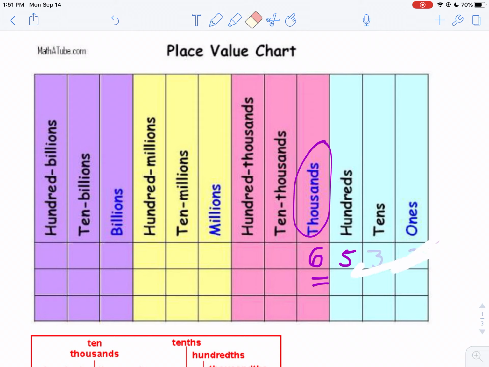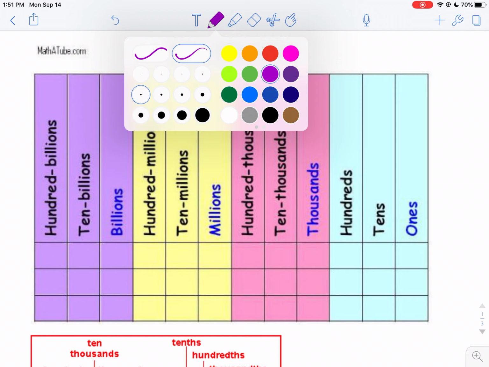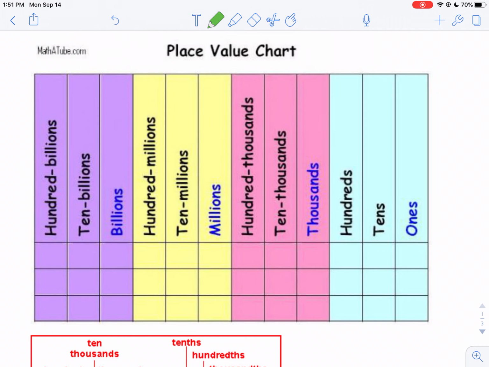Another one. Let me go and change the color here. Let's work with green. So if I tell you or give you 16,311, and I ask you, what is the place value of the underlined number 3?